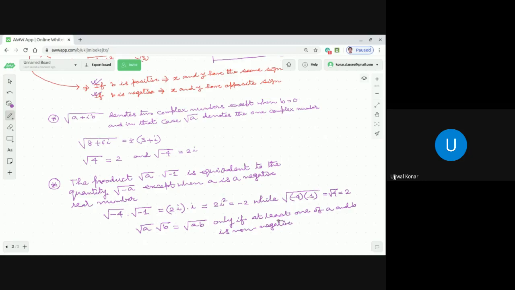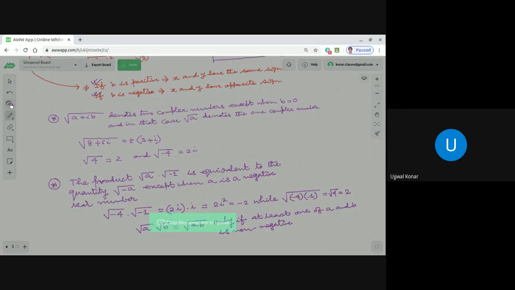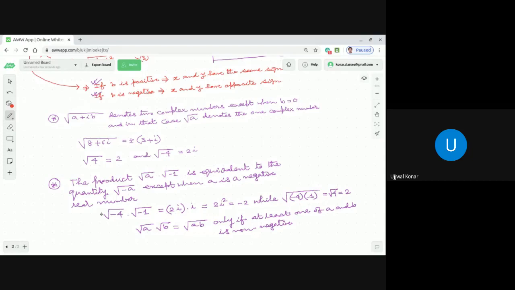Let us understand. Square root of minus 4 into square root of minus 1 is equal to what? Square root of minus 4 is 2i, and square root of minus 1 is equal to i. So we get 2i square, that is equal to minus 2. Correct?